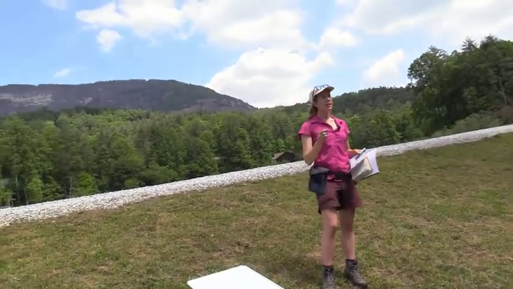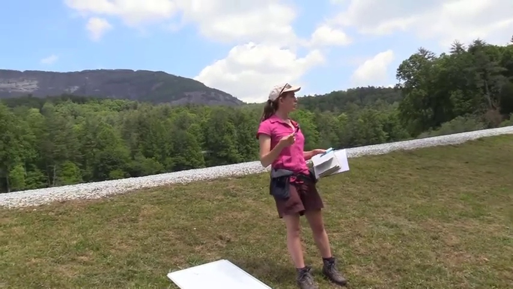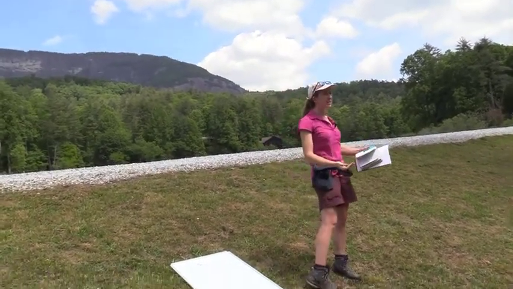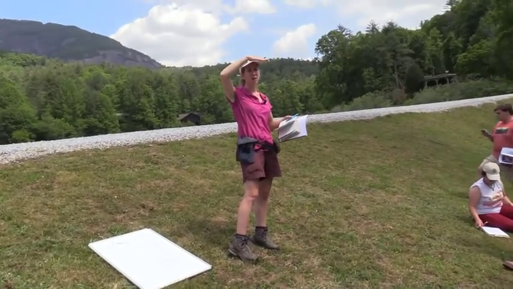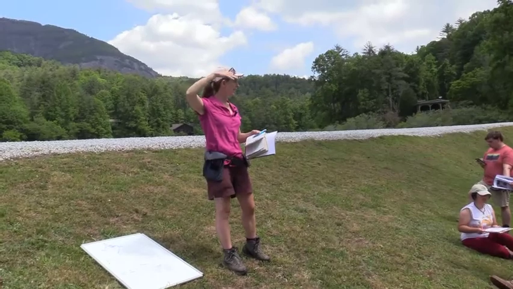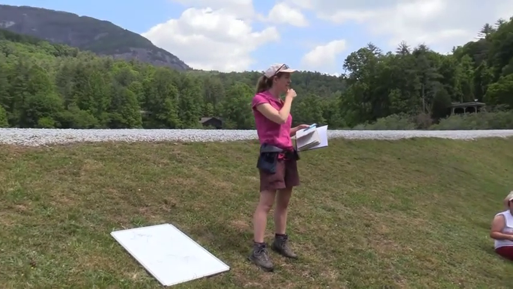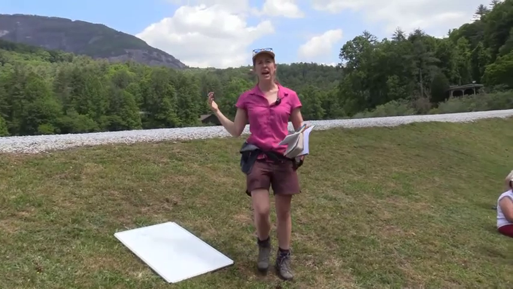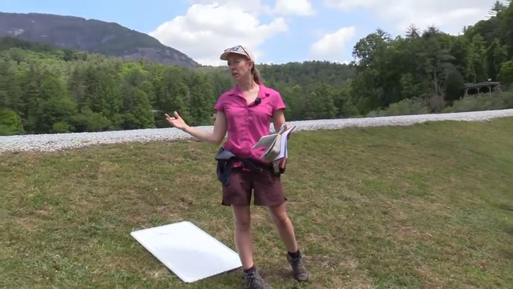So what is the term that we would call that cap of country rock if it is just basically sitting on top of an intrusive body like a hat? That has a name, kind of a structural name. It's called a roof pendant. So that's what we're looking at, a roof pendant of country rock.